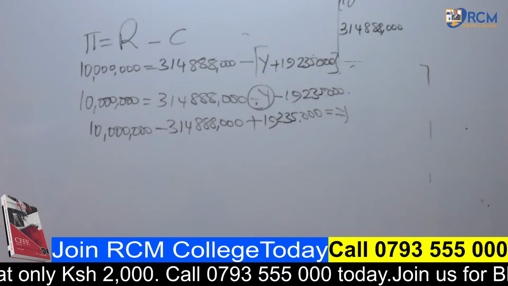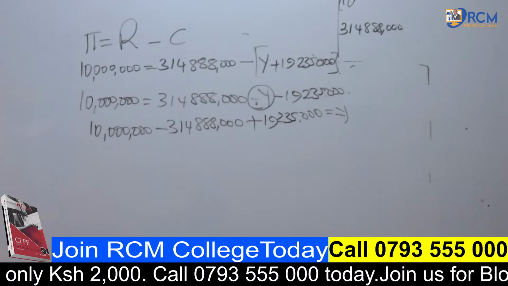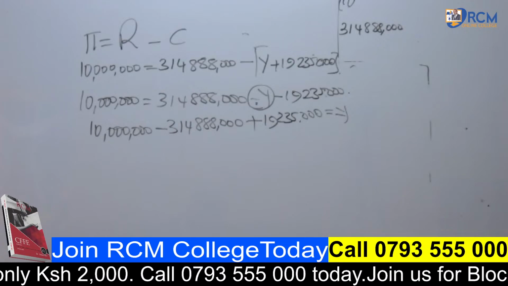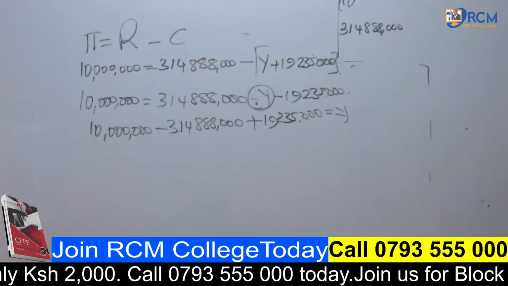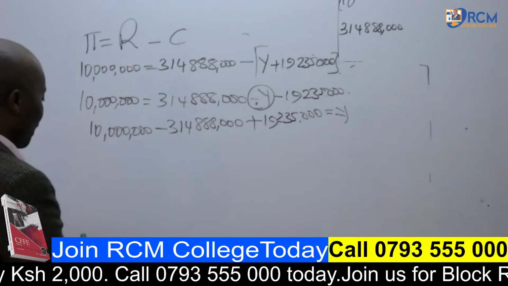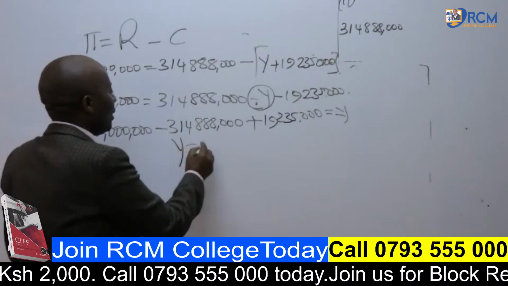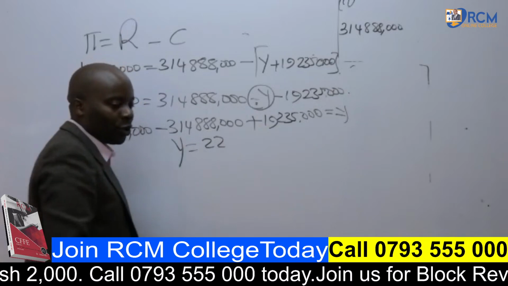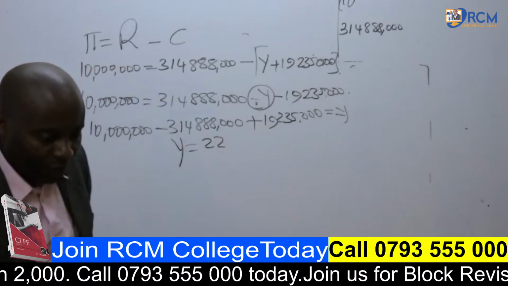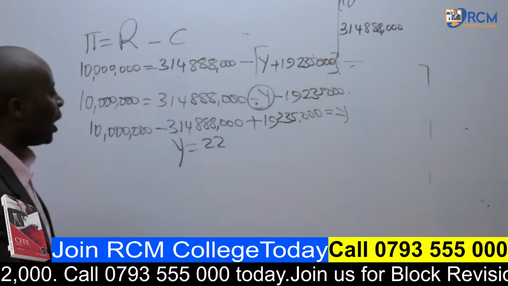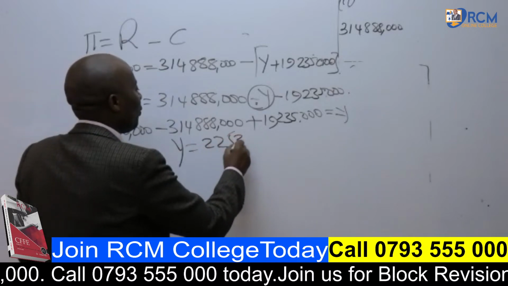From Lucy, she's giving me 22,53,000. So from Lucy, she's saying that her y equals 22,53,000. I have to be very, very keen with the figures. So y is 22,53,000.